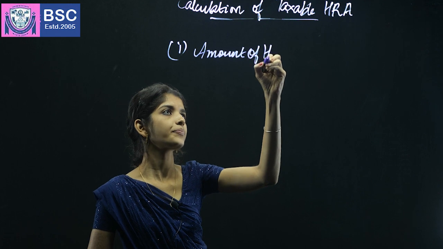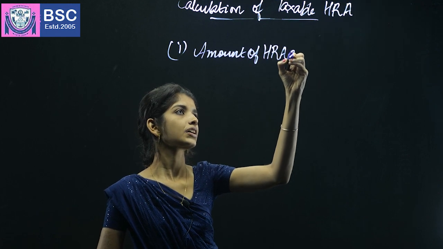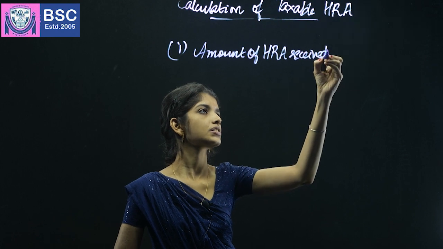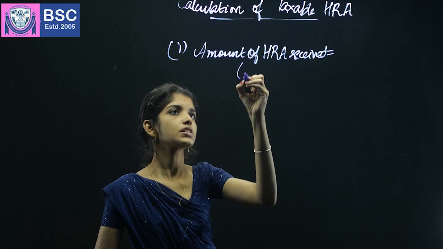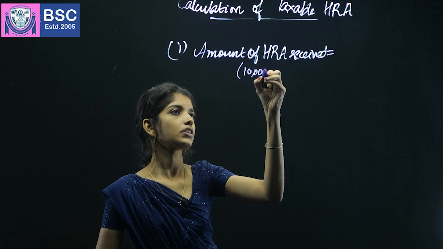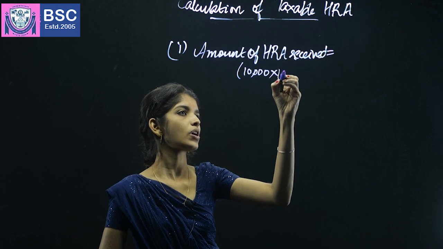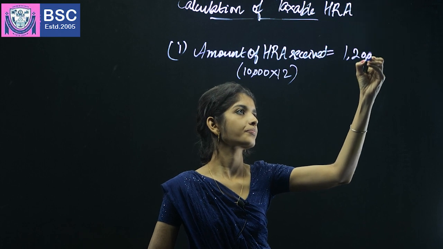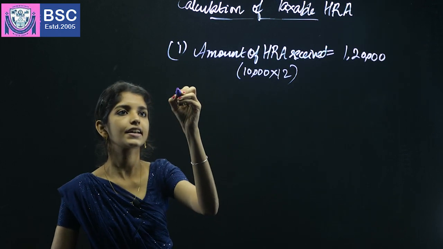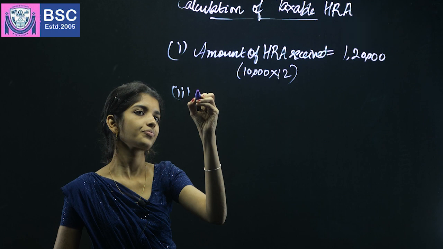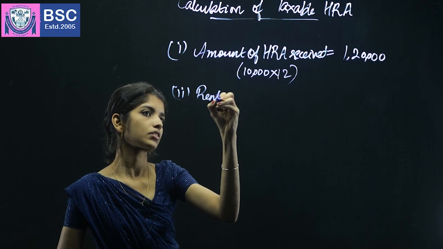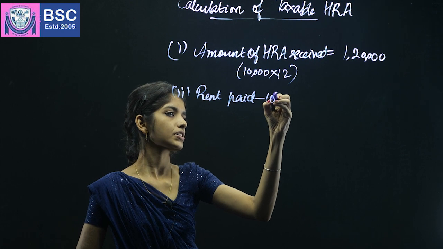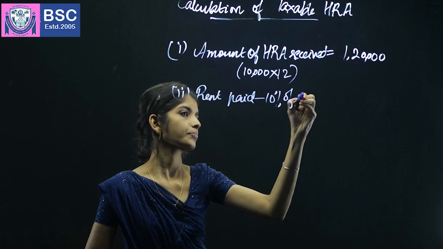The first item is the amount of HRA actually received. Amount of HRA received is how much? 10,000 into 12 months, so 1,20,000. Then the second item is rent paid minus 10% of salary.